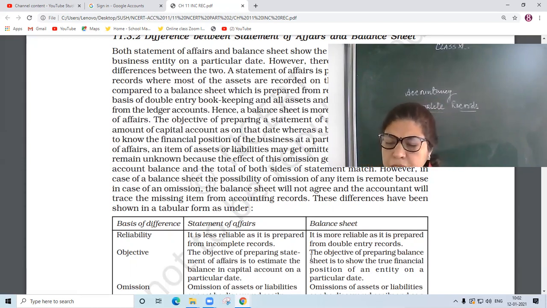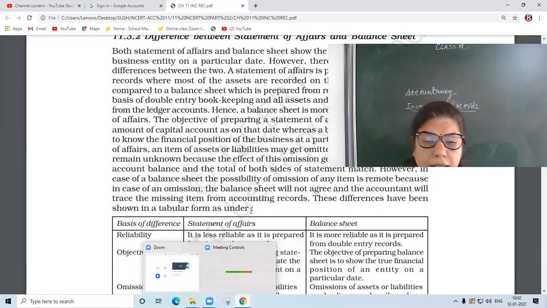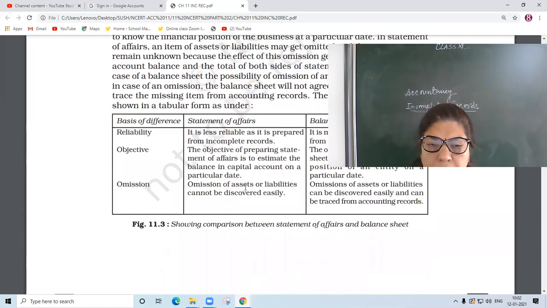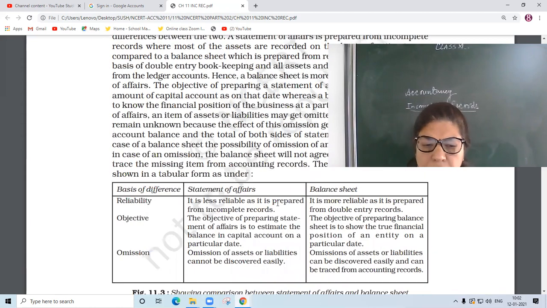See, balance sheet is more reliable because it is prepared under the double entry system, and it is based on authentic records, ledgers and trial balance. But statement of affairs is less reliable because it is prepared with the help of incomplete records, generally on an estimation basis.